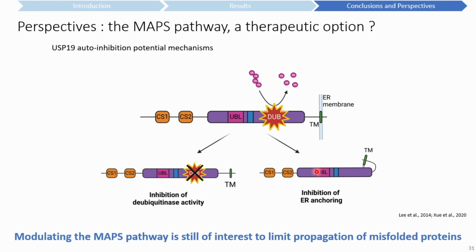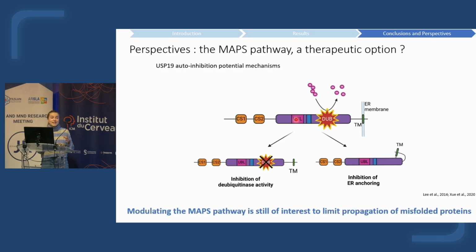By using those mechanisms of autoinhibition, it could maybe still be possible to modulate the MAPS pathway to try to limit the propagation of misfolded SOD1, but also of misfolded proteins with prion-like properties like TDP43 or FUS, to maybe extend the lifespan of patients.